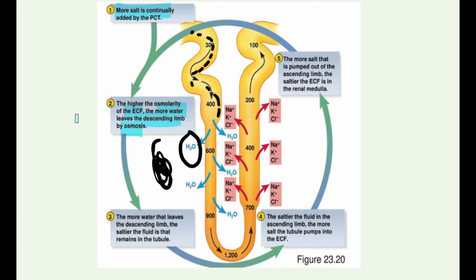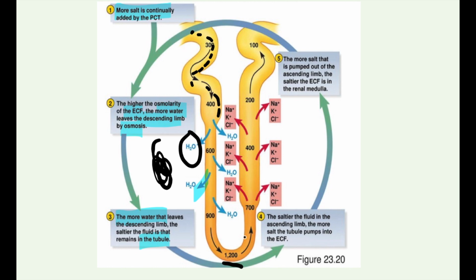Now, the more water that leaves the descending limb, the saltier the fluid is in that remaining tubule, meaning as water leaves, the tubular fluid becomes very salty, as shown by the 1200 osmolarity.